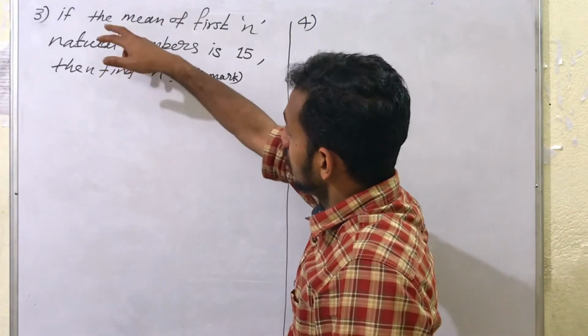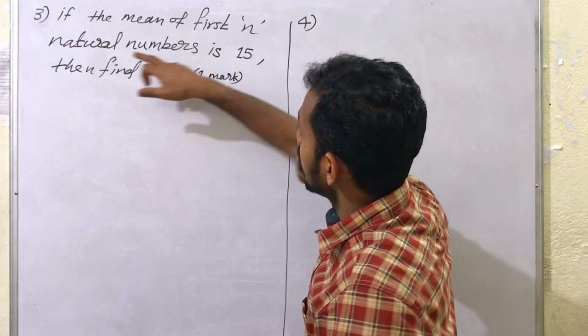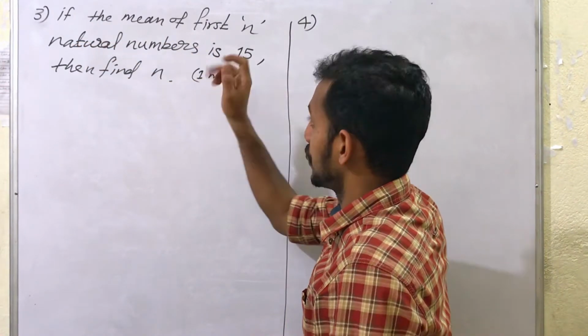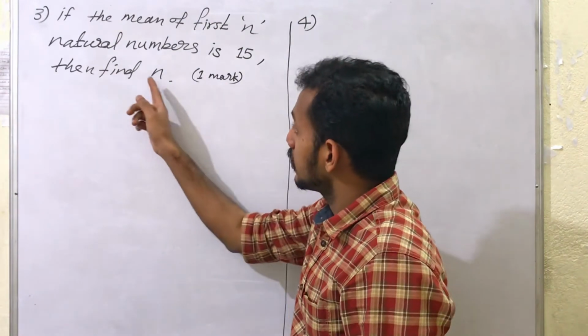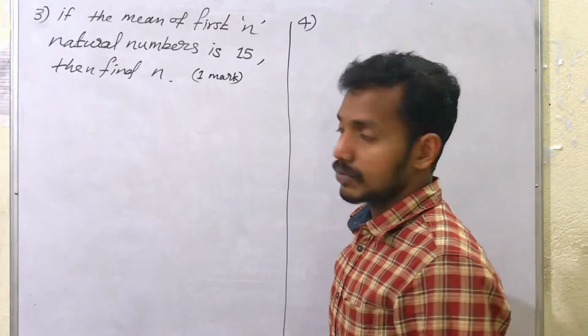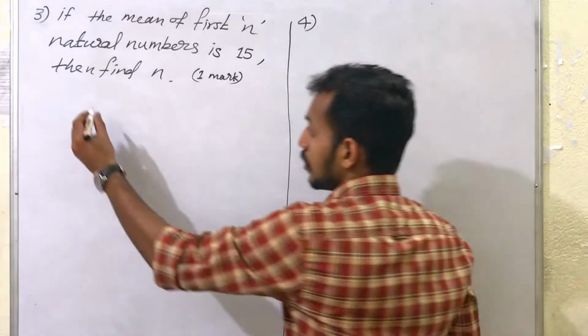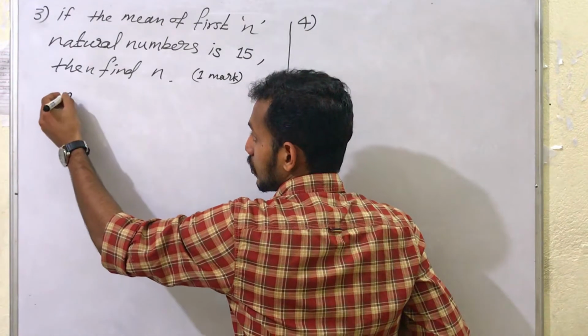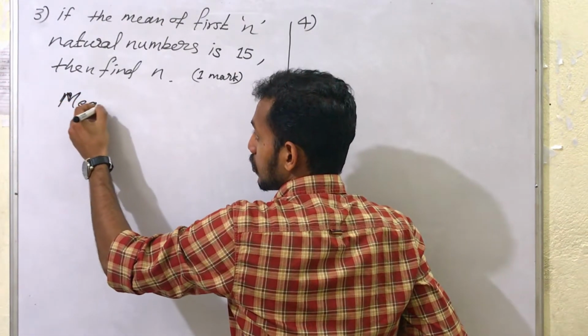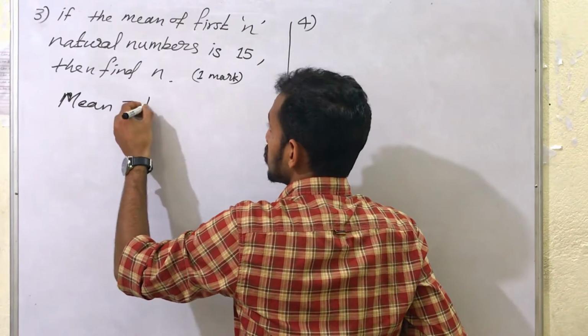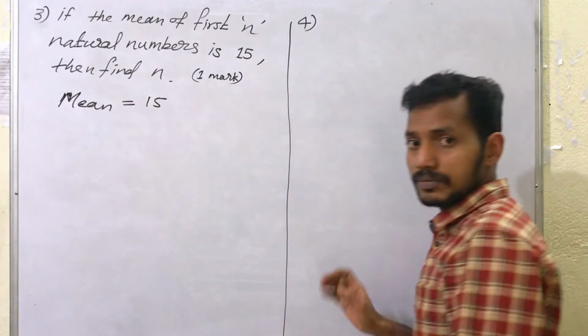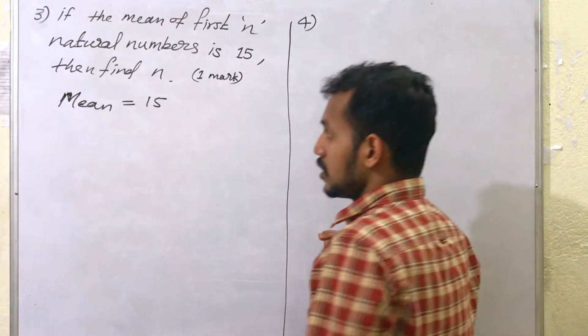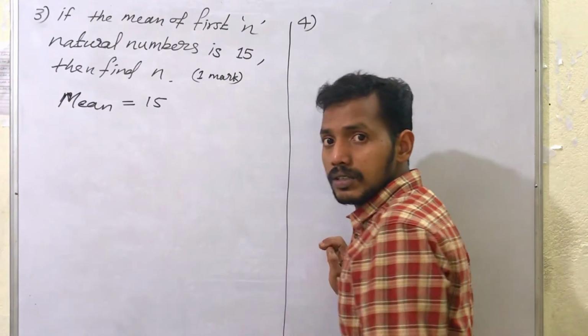Next question. If the mean of the first n natural numbers is 15, then find n. The mean is given as 15. That means the average is given as 15. What is the expression for average?